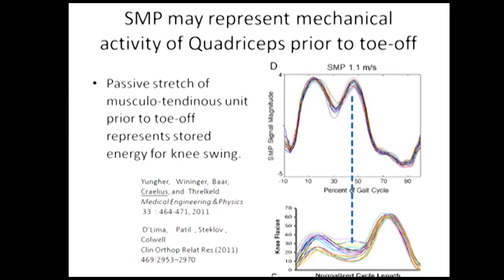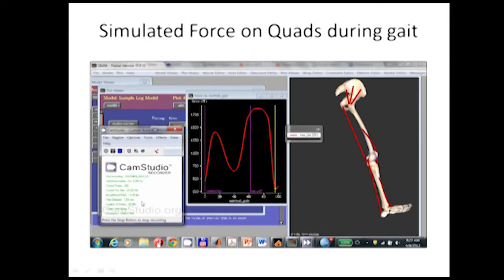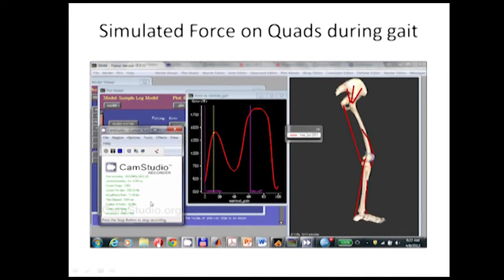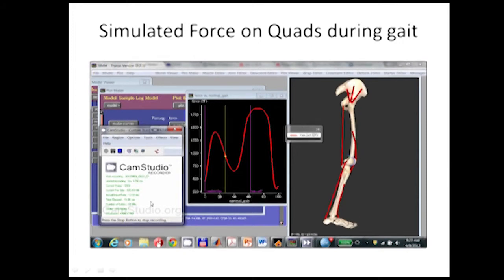And so the question is, how artifactual is this? Is there any credibility to the fact that this represents the actual force of the quads? So again, a simulation helped us believe a little bit more, although it's still a hypothesis, using sim software, that during the gait you have the normal electrical activation of the muscle, which is to stabilize the knee.